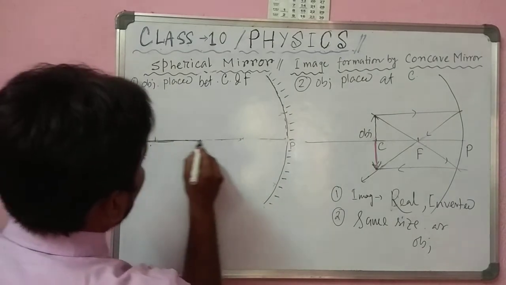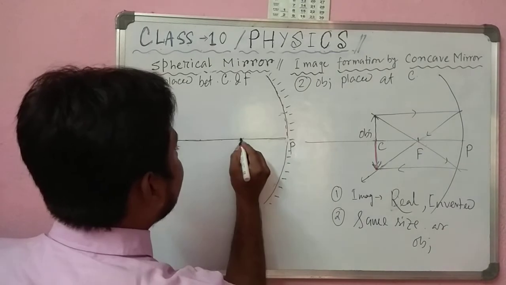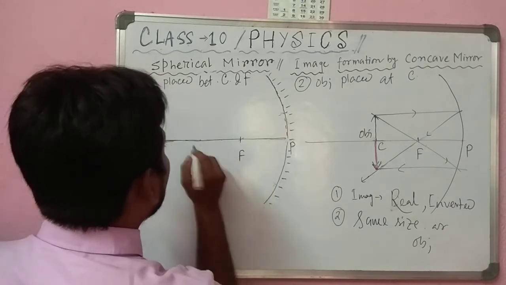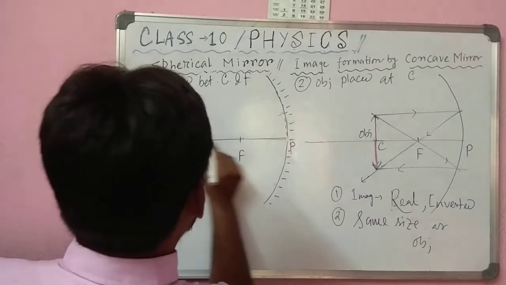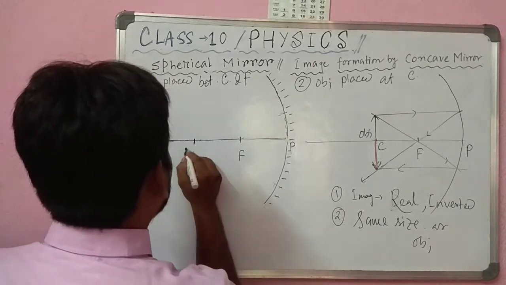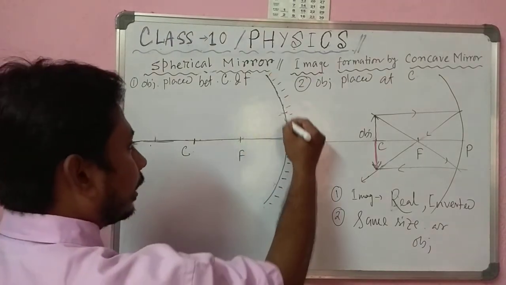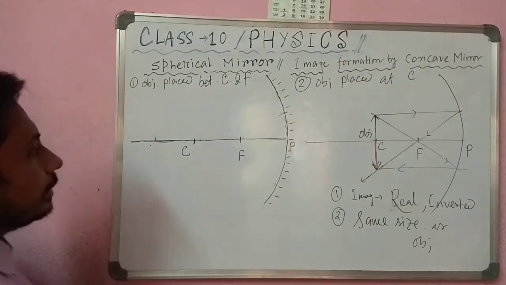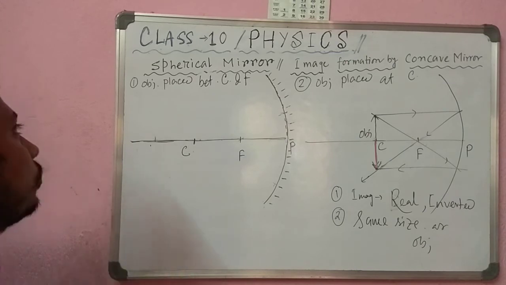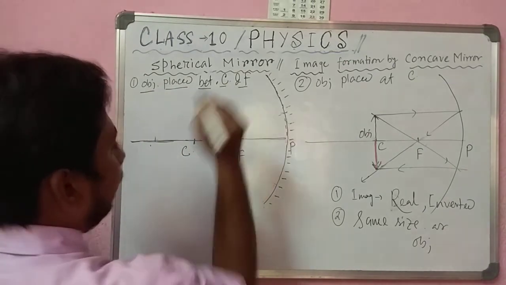First of all you draw the principal axis, then take 2 centimeter distance. This is your focus. Then again 2 centimeter distance, take center of curvature here. Okay. Now draw the spherical mirror. I already did that. Then see the question: object placed between C and F.